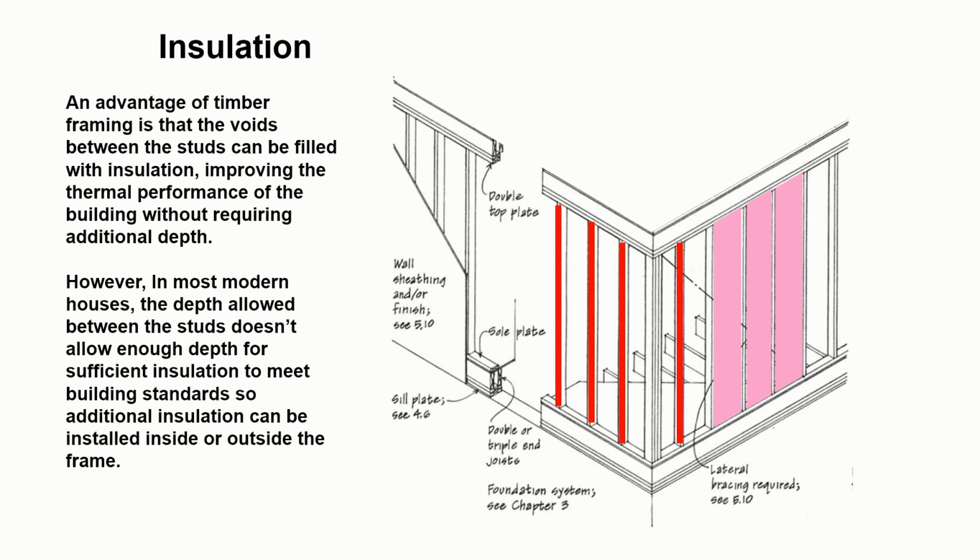And the advantage of timber framing with regard to thermal performance is that there is space between each of the studs. It's not a solid wall. So we have a regular space of just less than 600 millimeters, and by the depth of whatever the stud is. So if they're 150 millimeters, you can fit 150 millimeters depth of insulation into that space.